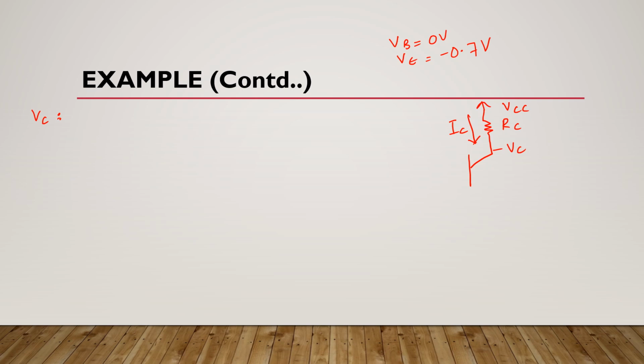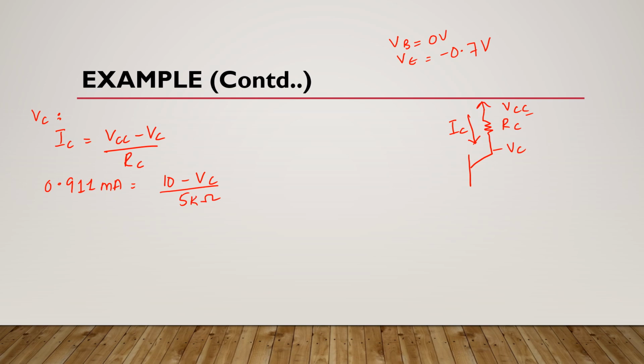As you can see, this VCC is at higher potential here, so the equation of collector current in this case will be VCC minus VC divided by RC. We know that IC is 0.911 milliamperes, VCC is 10 volts, and RC is 5 kilo ohms.